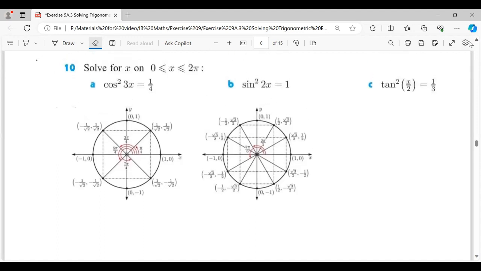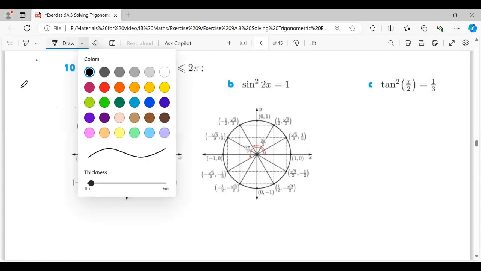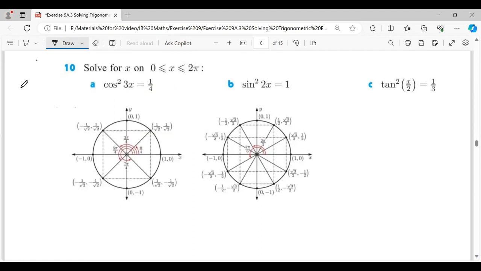The question is tangent squared x half equals 1/3.